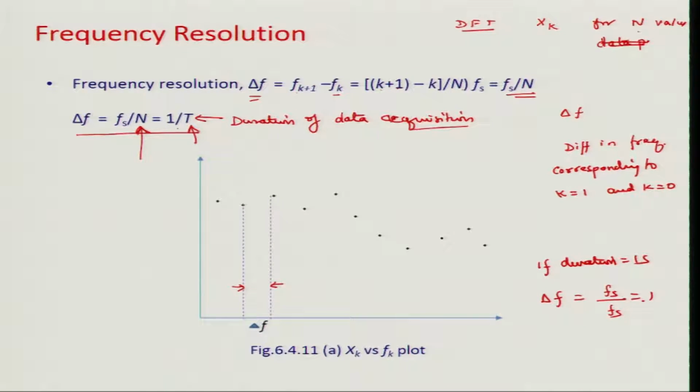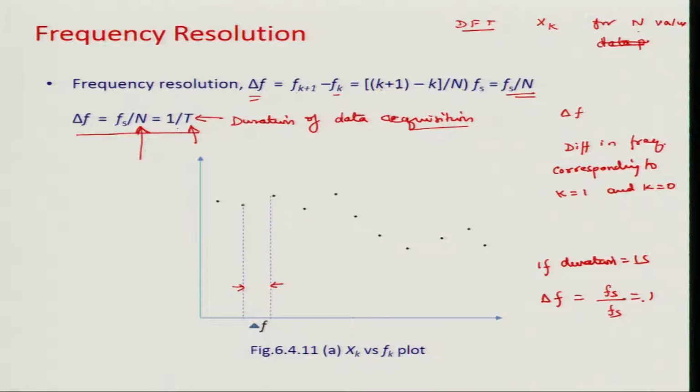So, that is 1. If I acquire data for 1 second, I will get frequency resolution of 1 hertz. So, I will get one data point at 0 hertz, 1 hertz, 2 hertz, 3 hertz, 4 hertz, and so on. And the maximum frequency I will go up to in this situation will be fs divided by 2.